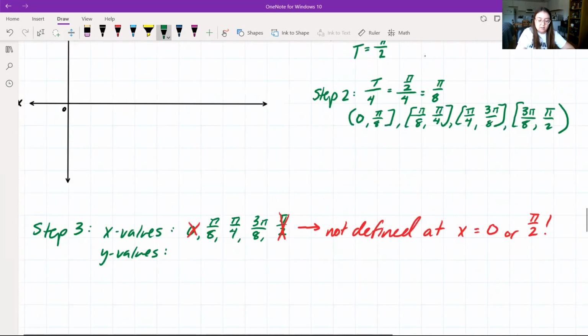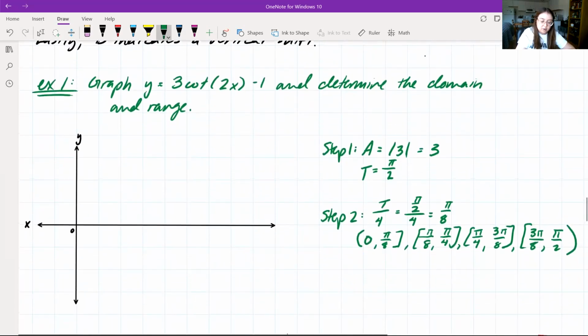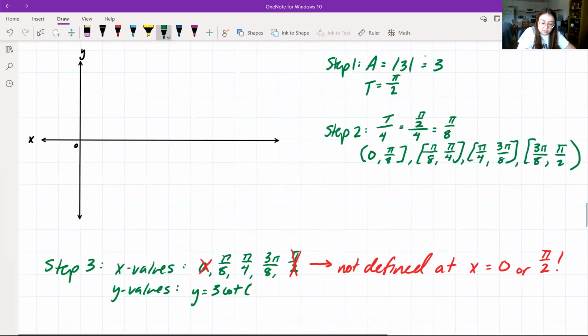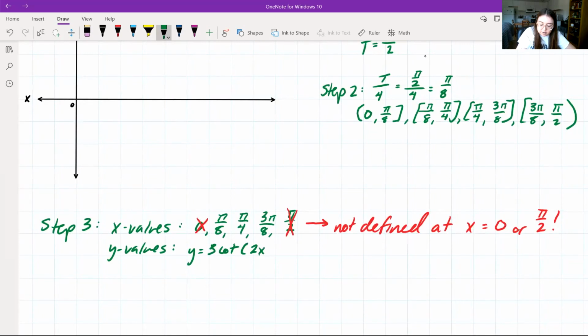For our y values, our equation was given to us as y is equal to 3 cotangent of 2x minus 1. Our first x value is going to be pi over 8.